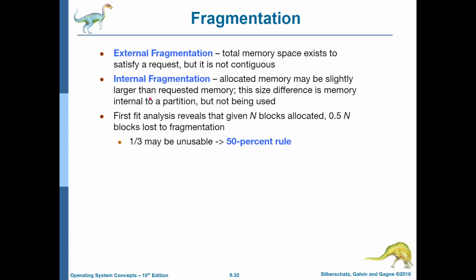Internal fragmentation does not usually happen in a contiguous allocation. But when it comes to first fit, if we are allocating blocks, first fit will show that we lose about half of the blocks to some sort of fragmentation, usually external fragmentation.